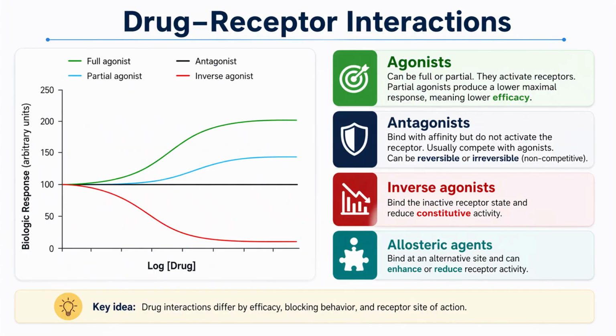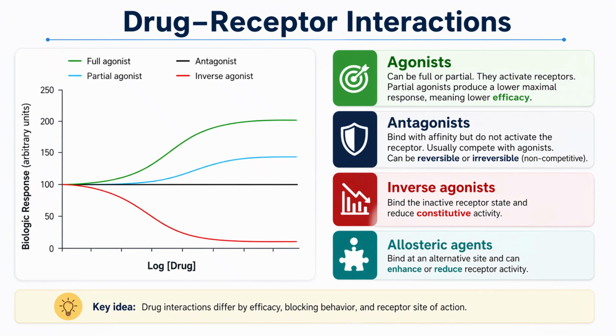So with drug receptor interactions, it's important to understand that drugs can interact with receptors in several different ways. A full agonist can produce a maximal biologic effect. A partial agonist binds the receptor but cannot create the same maximal response.